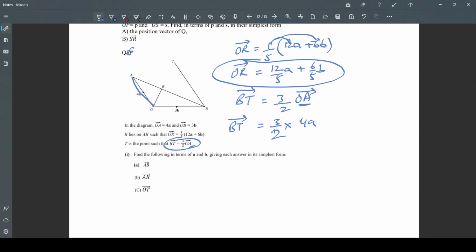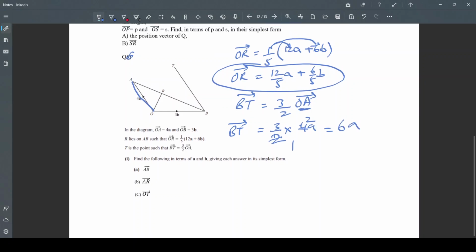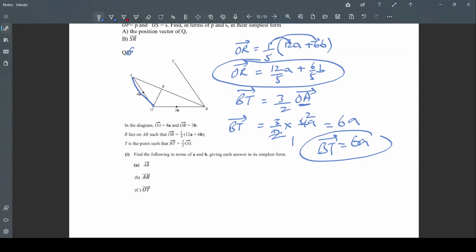Instead of OA I just wrote 4A. If you want to cancel, 2 times 2 is 4. So this gives you 6A. So BT will be equal to 6A. Let us keep this result in hand so that we can do the questions.